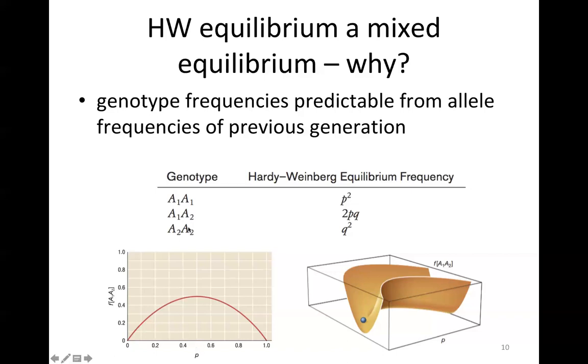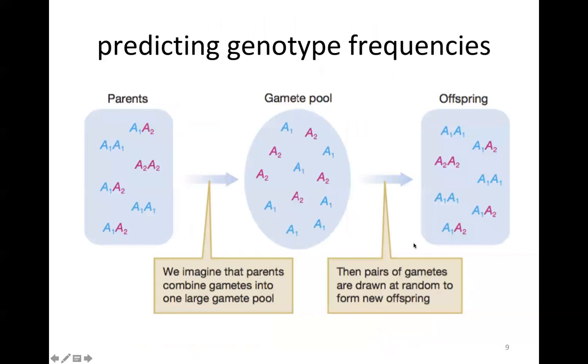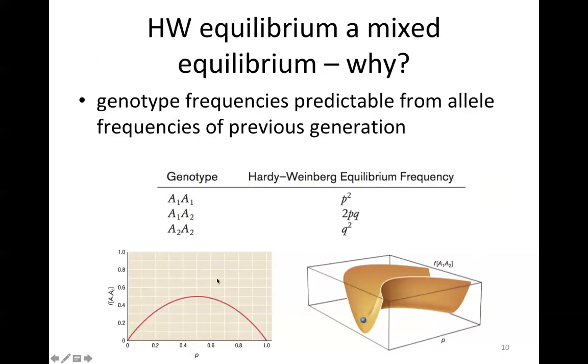Then, if the assumptions of random mating, etc., hold, in the next generation we'll have genotype frequencies that are described by the Hardy-Weinberg formula. Allele frequencies, in a way, won't change. So you can predict the genotype frequencies. The genotype frequencies will change from one generation to another, and then they will remain the same thereafter.